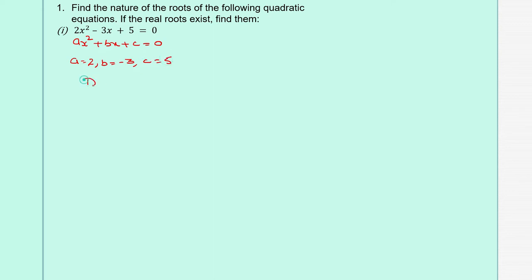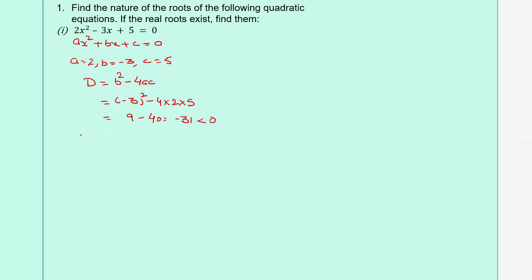Now, we will find its discriminant, b square minus 4ac. Substituting the values, minus 3 square minus 4 into 2 into 5. Minus 3 square is 9, 4 2s are 8, 8 5s are 40. This is minus 31, which is less than 0.